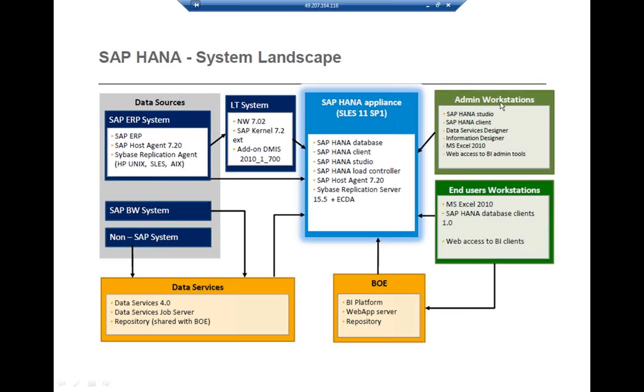They need different tools. These tools need to be installed in the client workstation, what we call the admin workstation. You can see the tools we need, HANA Studio. That's what I've shown you here.